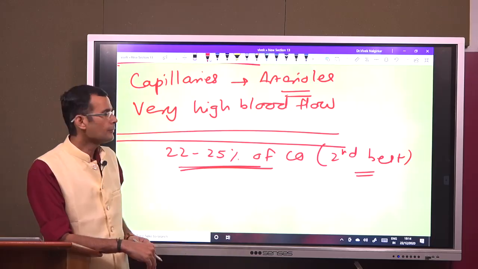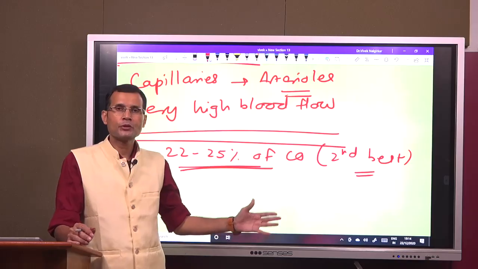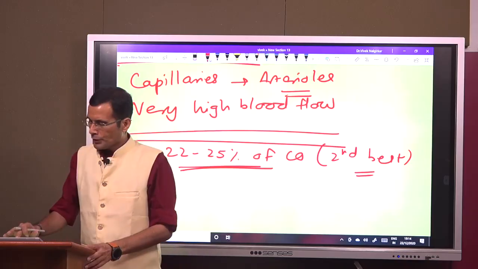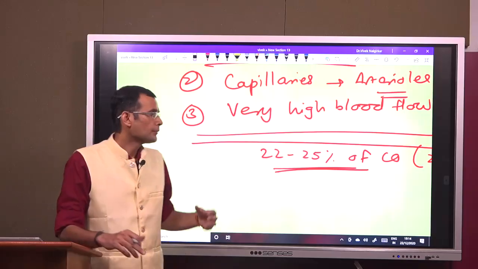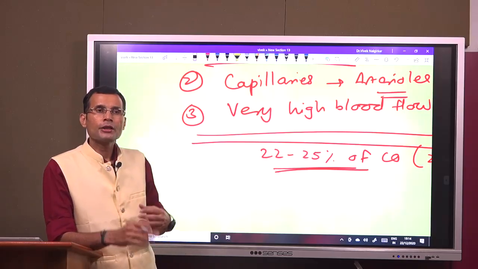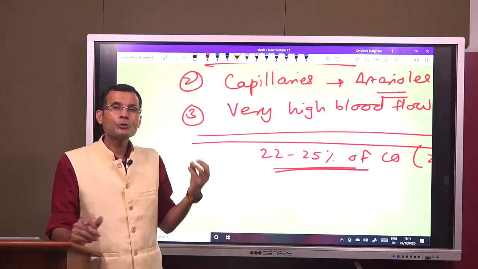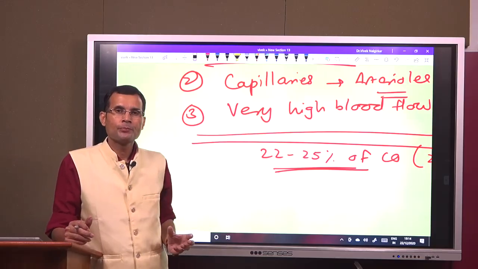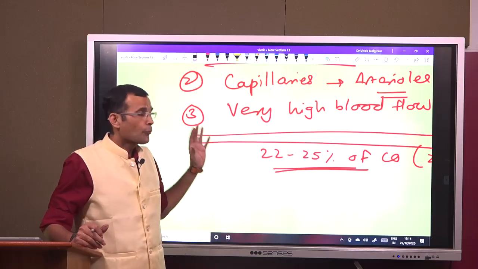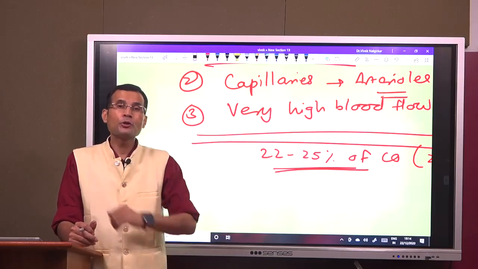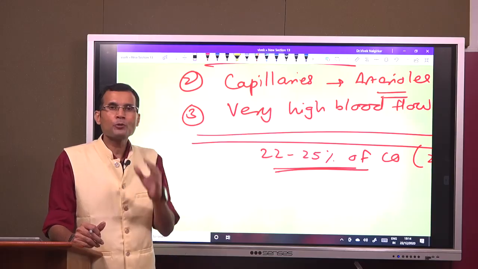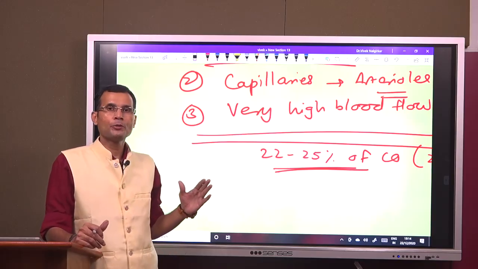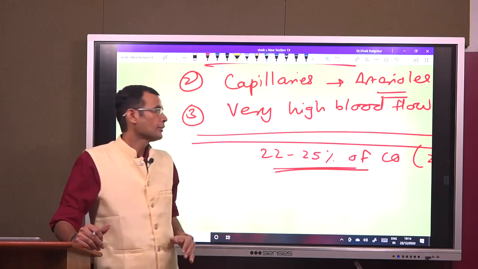We've seen that already. Liver is 25 to 27% of the cardiac output. But the kidney weighs only 1 to 2% of the body and it receives 25% of the cardiac output. So it's a disproportionately high fraction of the cardiac output, right?